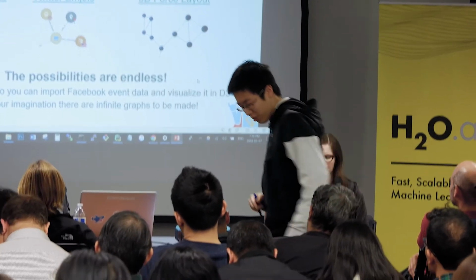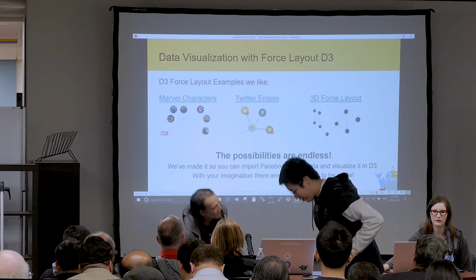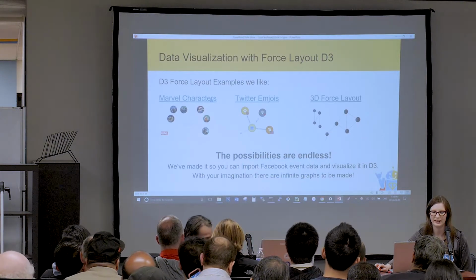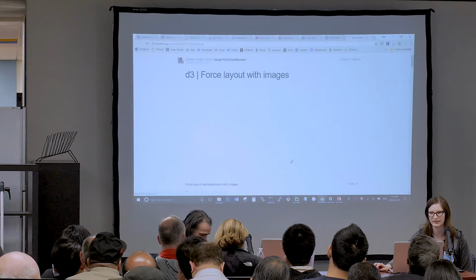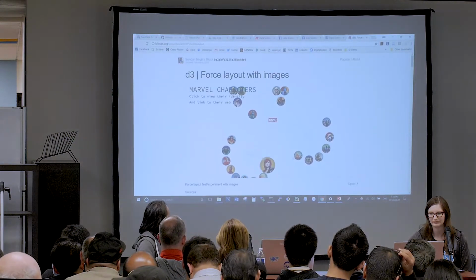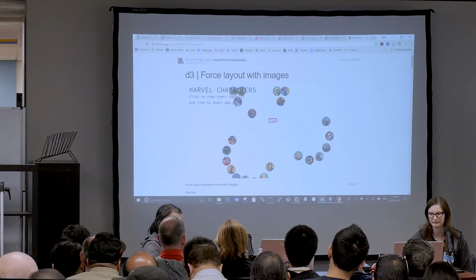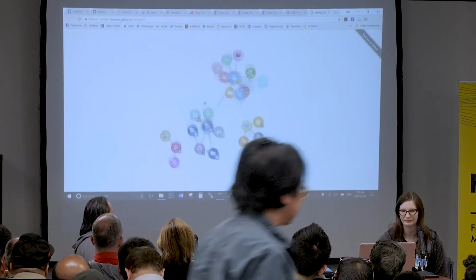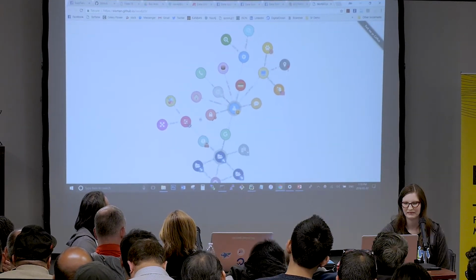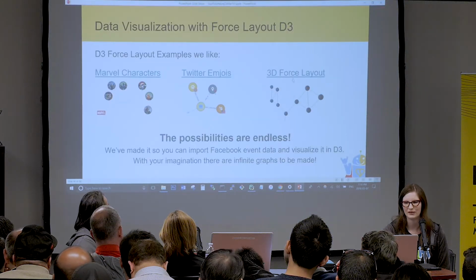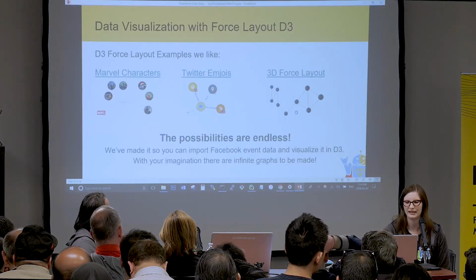All right, so that was fun. And so here's what I was saying about different things you can do with D3 that we like. Here's the Marvel characters one, and then there's the Twitter emojis. Basically, if it's got fun pictures on it, I like it. And also the 3D force layout.